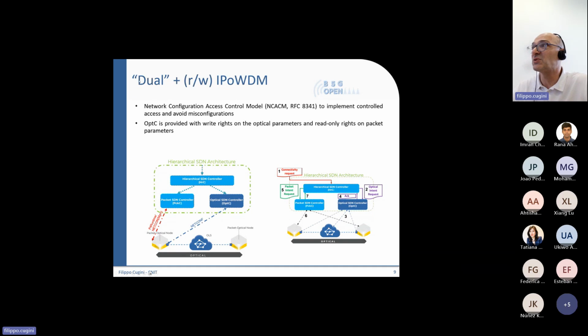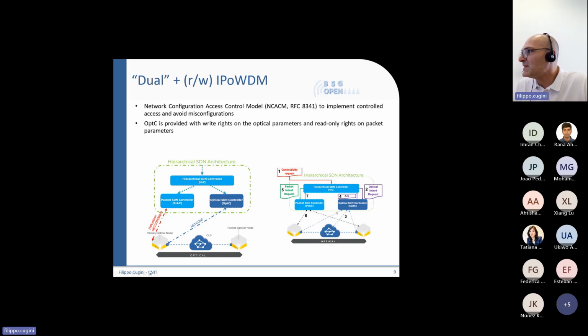The alternative option, which is called dual, enables both controllers to interact with the same node. In the packet controller case, the configuration will be enabled only to play with the IP parameters, while the optical controller can play only with the transceiver parameters. So in this case, when we see the same scenario of a connection request, this connectivity goes to the hierarchical controller and is passed to the optical controller.